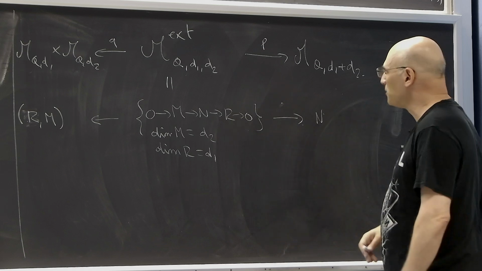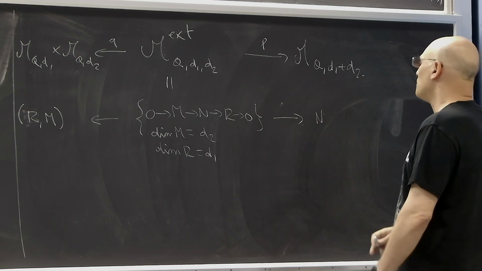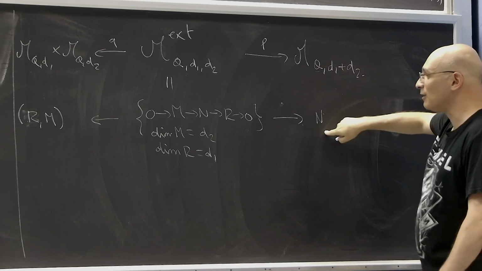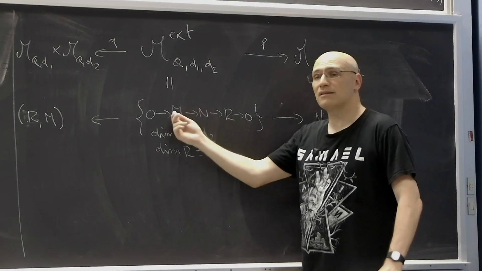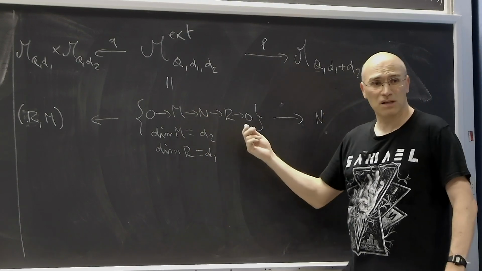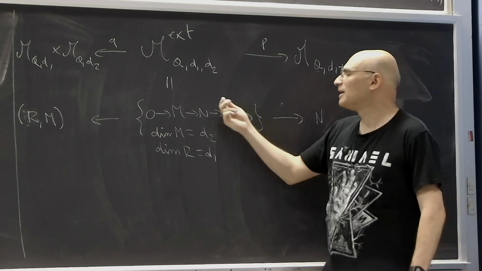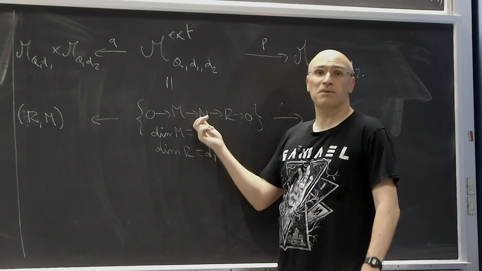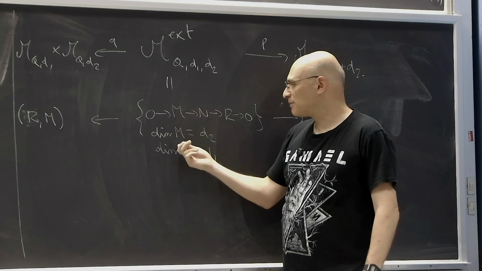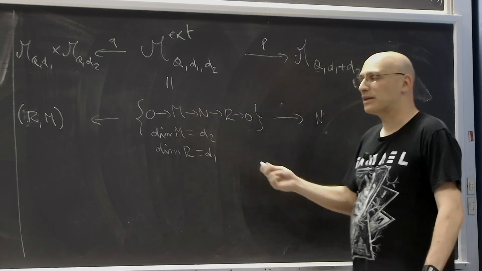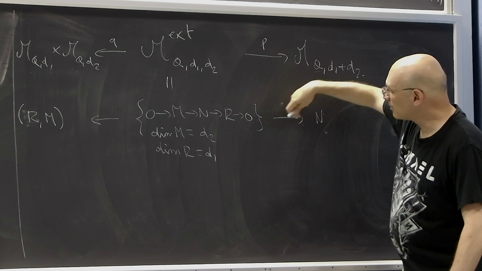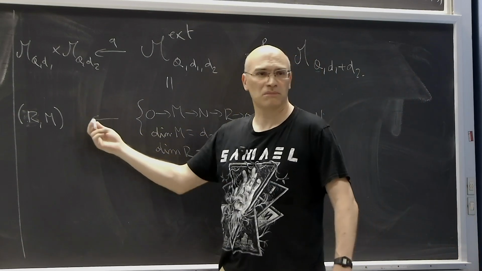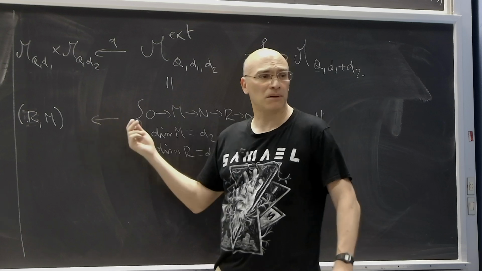That's the map Q. And then let's look at the fiber of P. Suppose I'm given N, and I want to look at all short exact sequences like this up to isomorphism. You can convince yourself that this amounts precisely to looking at the Grassmannian of sub-representations of a given dimension D2. So this fiber looks like a Grassmannian, and the other fiber looks more linear, like X1 divided by hom.